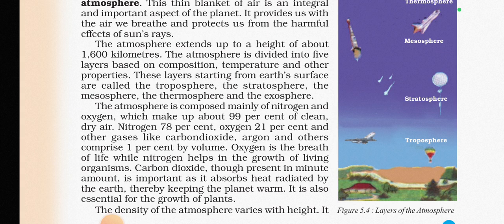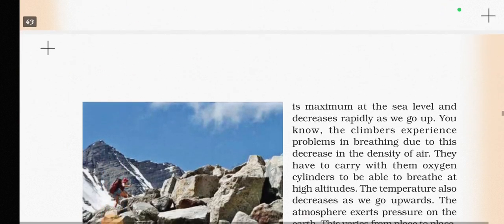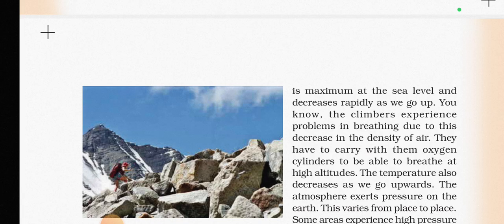It is also essential for the growth of plants. And one more thing: the density of the atmosphere varies with height. Density is not the same everywhere; it is maximum at sea level and decreases rapidly as we go up.